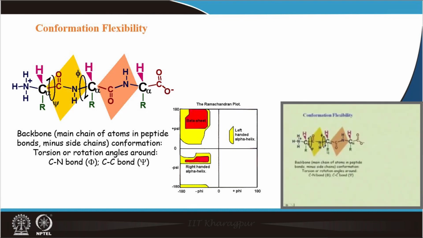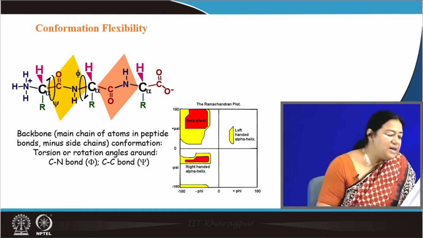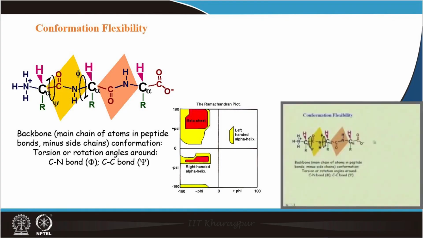So, my whole polypeptide chain is going to have a large dependence on the phi psi angle. So, if I go through the whole polypeptide chain, each amino acid is going to have phi psi angles associated with it, right? What can I do with these phi psi angles? You can do a lot. We will be studying the structure of proteins in a lot of detail.